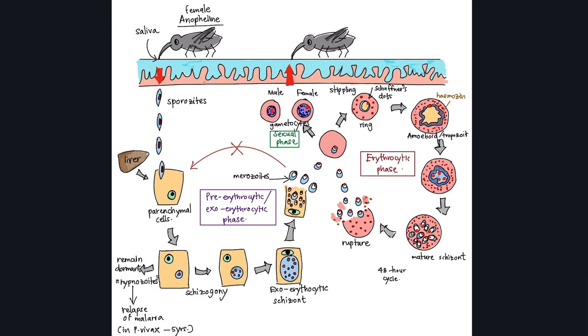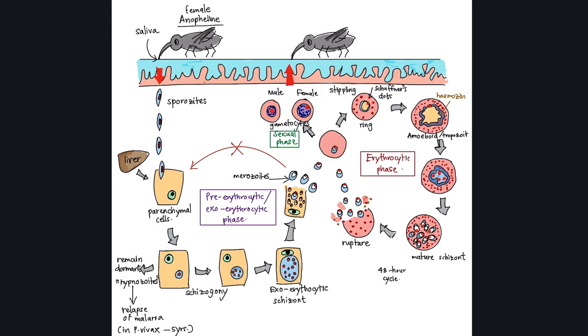So in malaria, the definitive host is the female Anopheles mosquito, and the other type is the intermediate host. The intermediate host has the asexual phase of the malarial parasite. In malaria, the intermediate host is man.